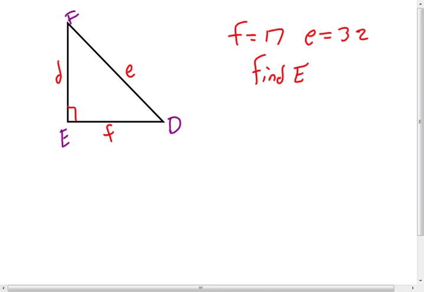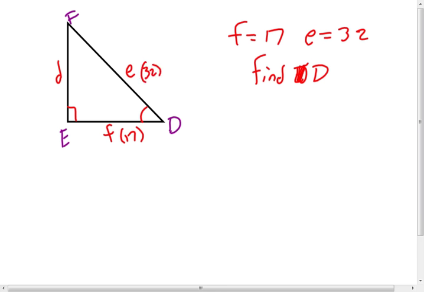We want to find D. So F is 17, E is 32. Find angle D. So anytime we're looking for this angle D, that would be this angle. We have the values for F and E.